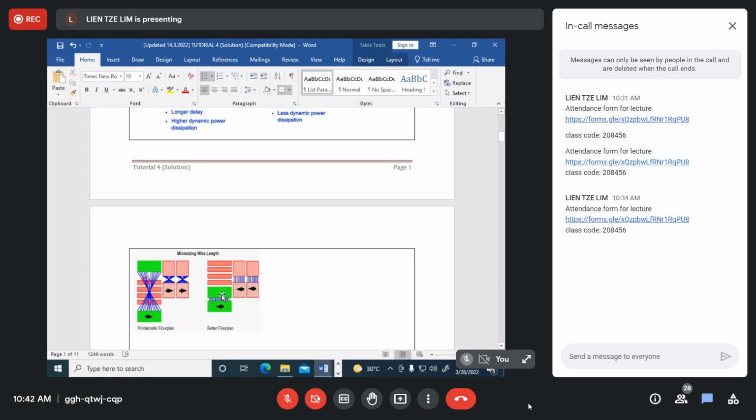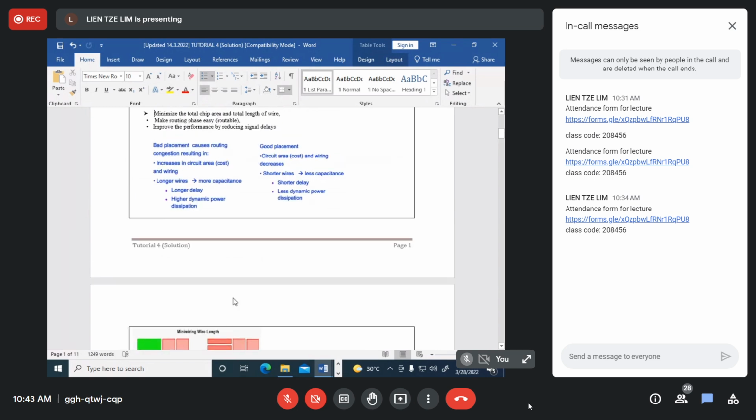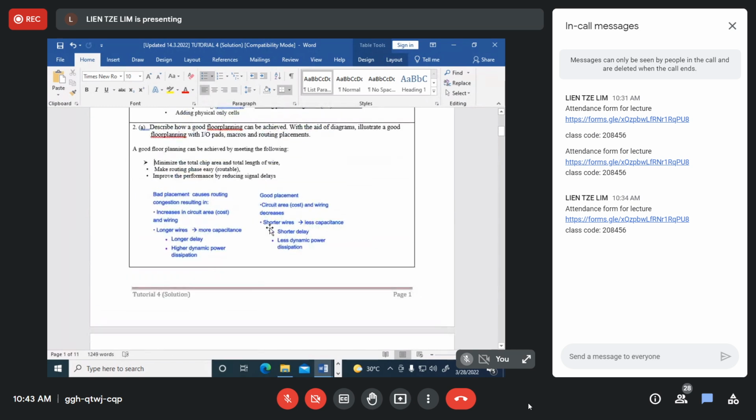You compare this and this one, the area for this one is minimized, and then the routing signals are also reorganized. Here is the explanation for the two diagrams.